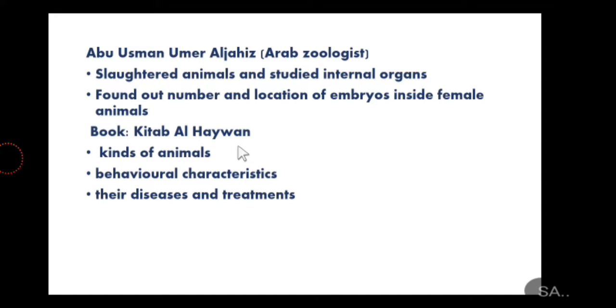In his book he mentioned different kinds of animals, their behavioral characteristics, and even he presented about different diseases that are common in animals, and he also suggested certain treatments. So he has also got his valuable contribution in the field of taxonomy, in the field of classification.